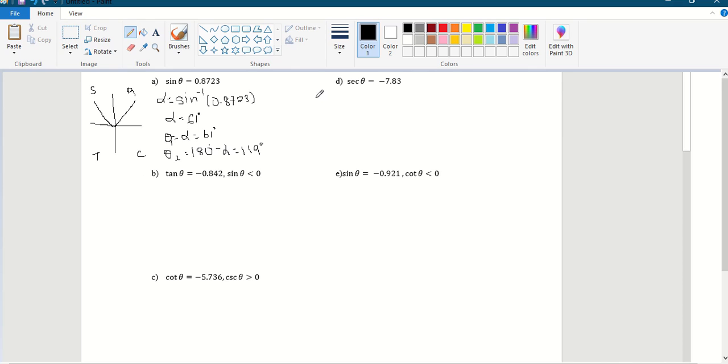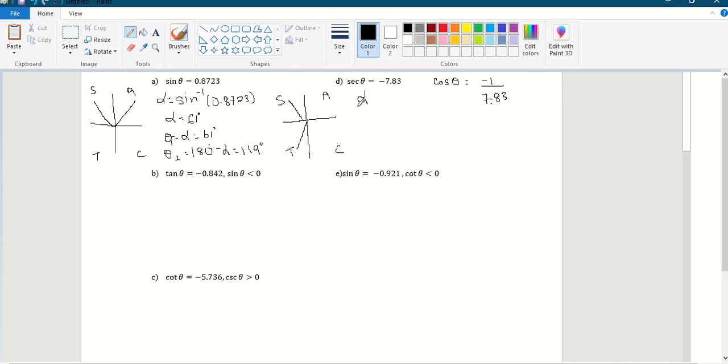For the second one here, again we will sketch first. We are given secant theta negative, meaning that cos theta is negative, and cos is negative in the second quadrant and in the third quadrant. Before we find alpha, we will write cos theta equals negative 1 over 7.83.